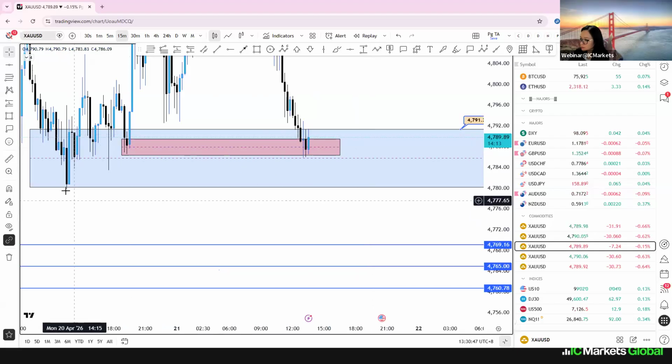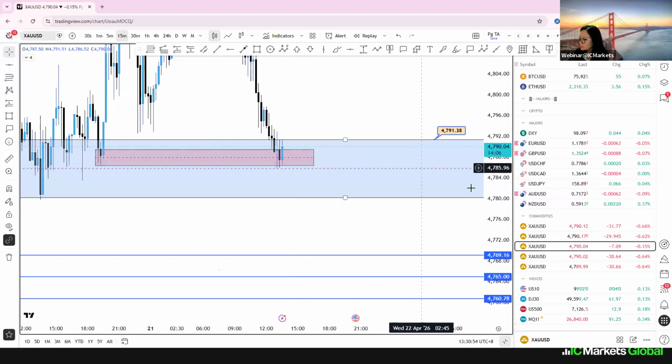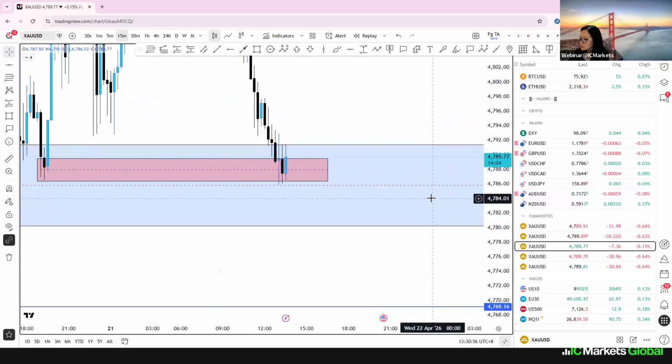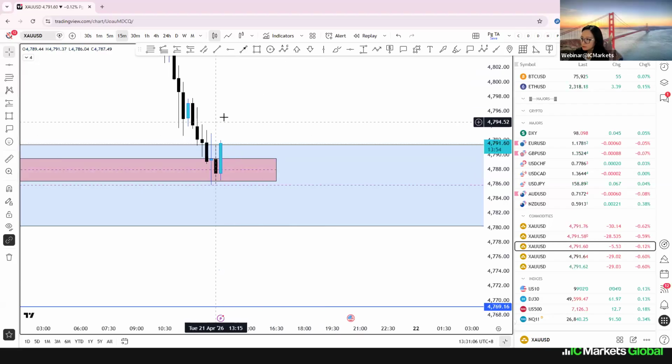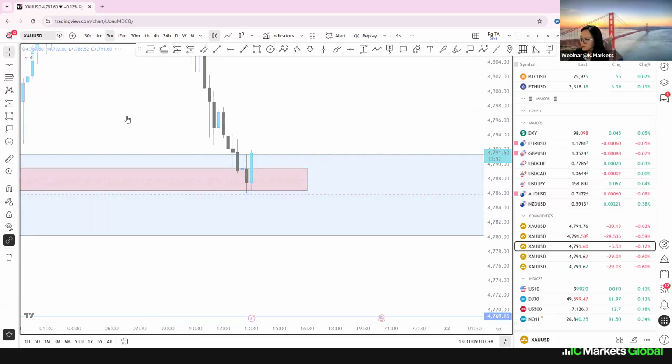My stop loss is going to be below 47, I got 80 below that. So the condition is, if M15 closes with a bullish engulfing candle, we wait for price to pull back and buy. But I already bought, right? Because this is my buy entry in the OB.